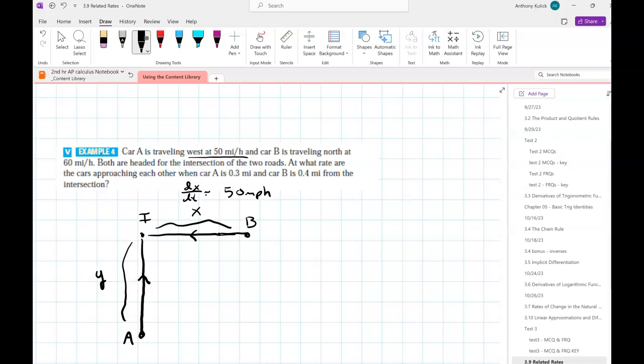What's wrong with this? Look at the direction. Negative. Yes, because we're moving to the left. That's tough to catch. A lot of times they'll give you some clue that it's negative or positive, but not this time. And then the rate at which y is changing, dy/dt, is going to be positive 60 because we're moving up.